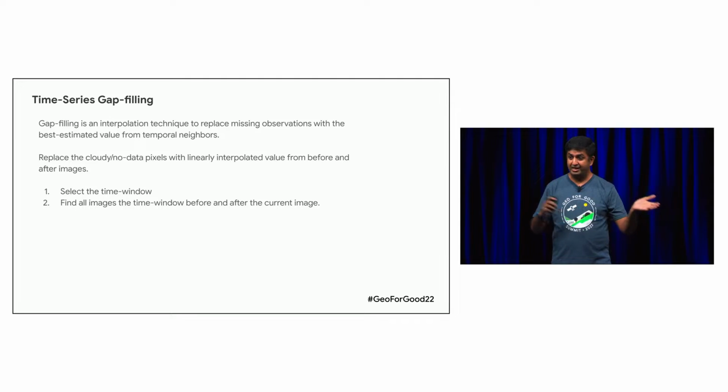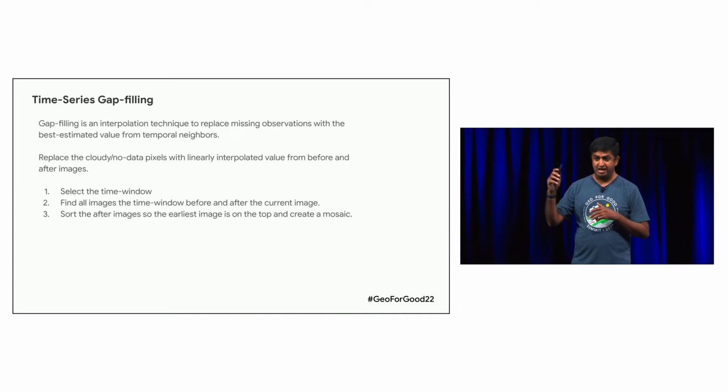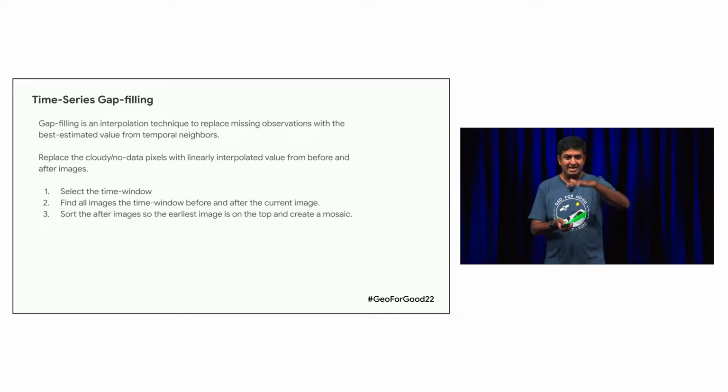So gaps can be artificial, where we want to fill those gaps, or we have a cloud and we want to fill these gaps. So here, same thing, we select a time window, we find all images before and after, and then we create a mosaic. So we sort them, put them in a stack on top of each other, and create a mosaic.